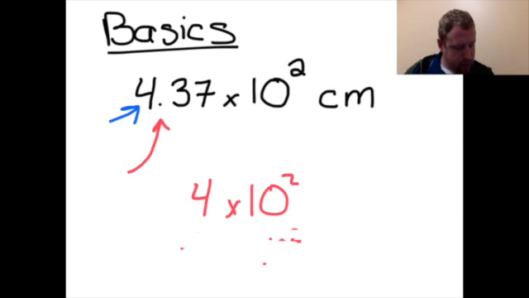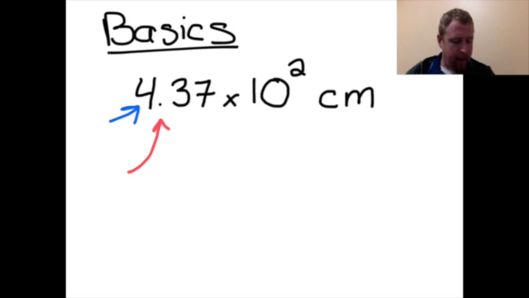So what you should note here is that when we're working with scientific notation, we will almost always be working with numbers that have a digit that is not 0, followed by a decimal point. Then there's going to be a 10 in there. There's always going to be the times 10 raised to a power.